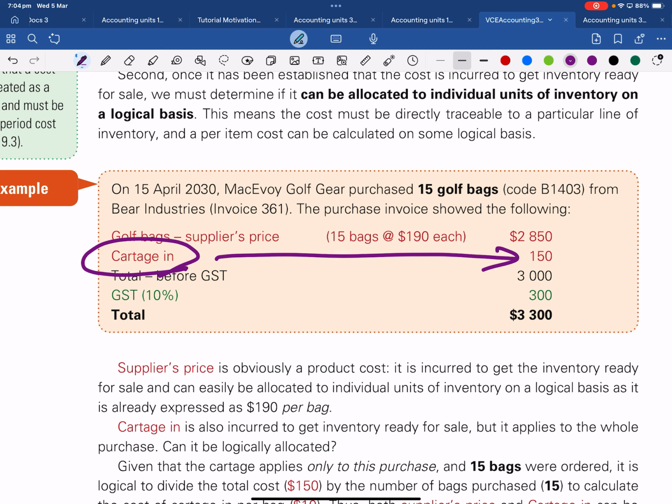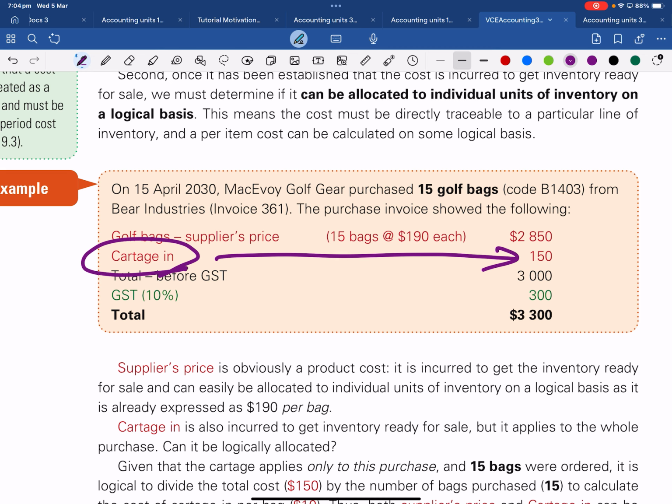Can we allocate the cartage to both the cars and the apples? No, because they are two different types of product. But this one is the same product. Then can't we allocate logically?